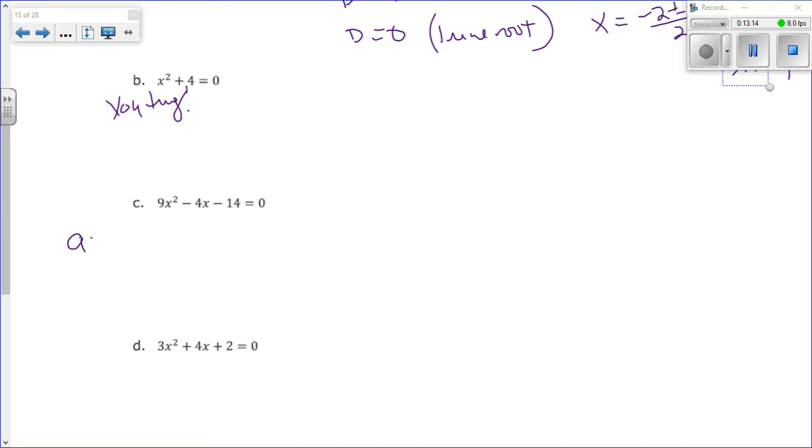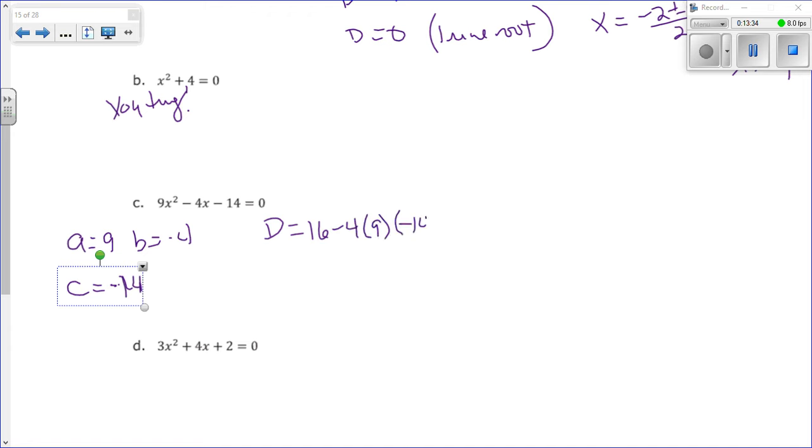For C, A is 9, B is negative 4, and C is negative 14. So for the discriminant, b squared is going to be 16 minus 4 times a times c.